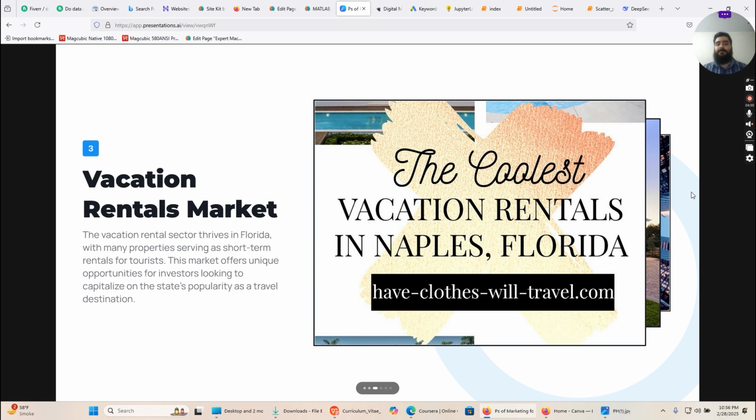With many properties serving as short-term rentals for tourists, the market offers unique opportunities for investors looking to capitalize on the state's popularity as a travel destination. So here's the catch: Florida is well known for its tourism. The people who are coming to Florida to buy property are looking for unique investment opportunities to capitalize on the state's popularity as a travel destination.